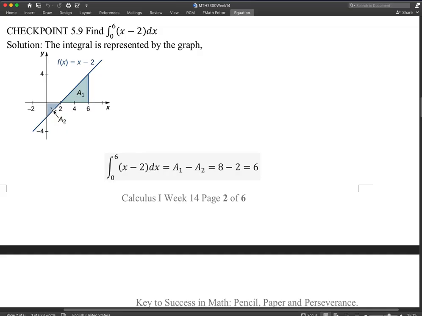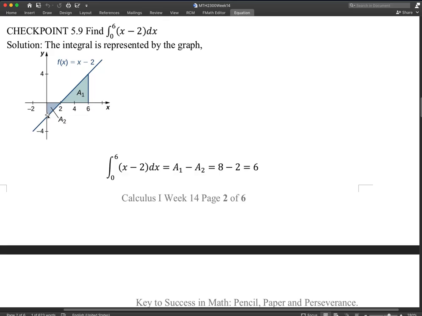And then the integral turns out to be the area in the upper part minus the lower area. And in this case, because the upper region is a triangle and the lower region is also a triangle, we can calculate those areas together.